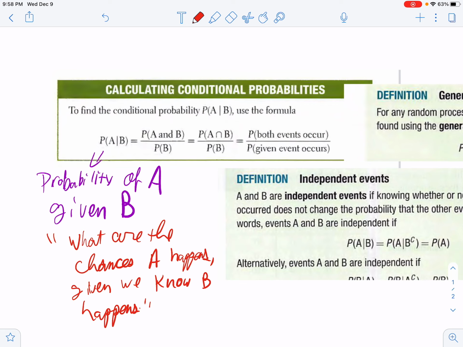All right, so what are the chances A happens given that we know B happens? And there's a formula for it here, and we'll see a couple different ways to calculate it in a little bit.